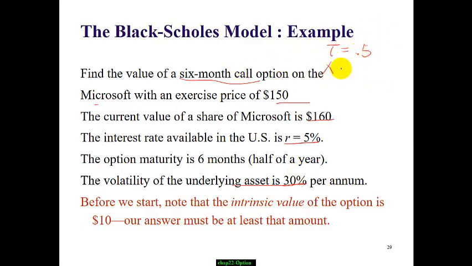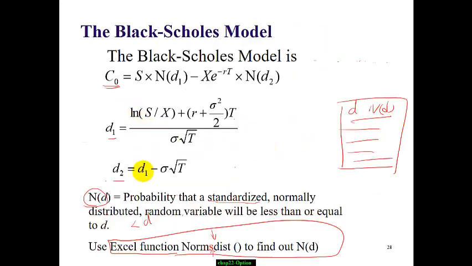We have the strike, or exercise price, of 150. We have the stock price of 160. Then we have the risk-free rate of 5% and the standard deviation of 30%. Our job next is to go to D1 and D2: use the 5 inputs to figure out D1, then based on D1 and sigma root T, figure out D2.